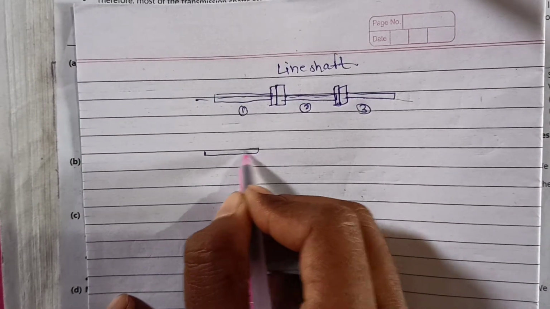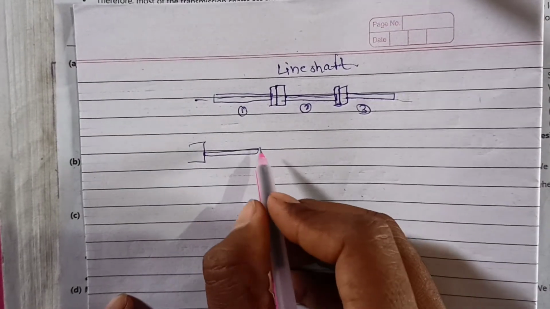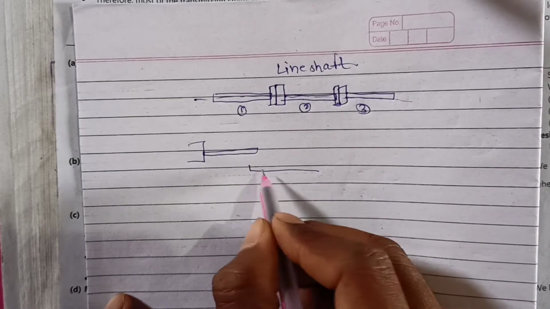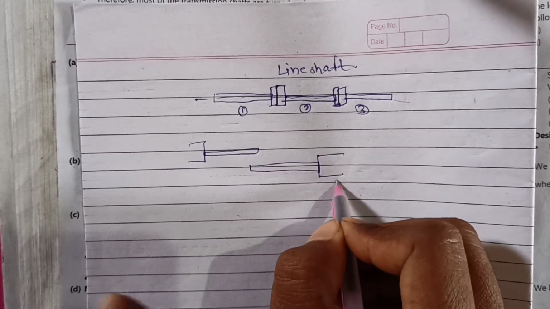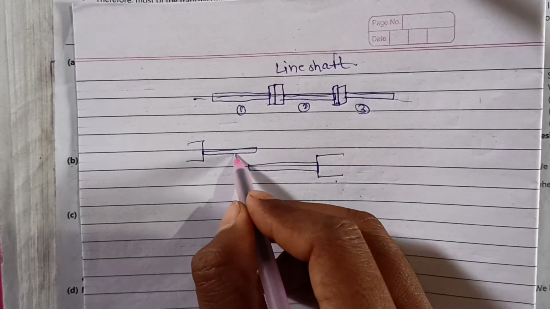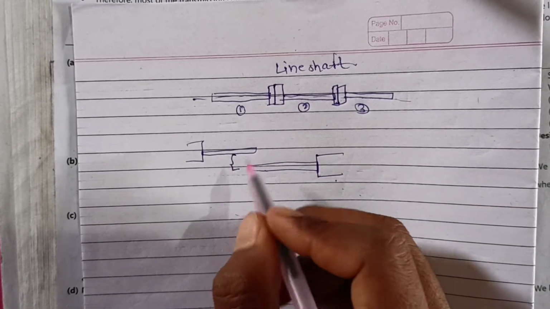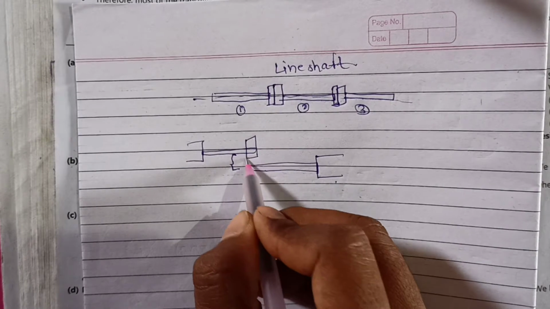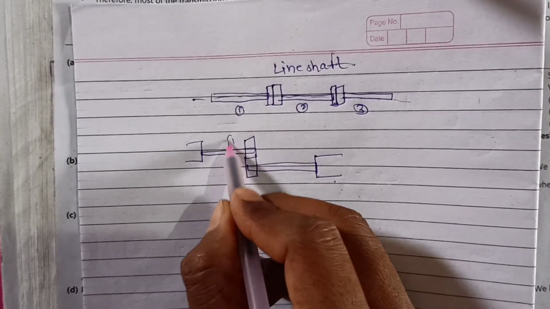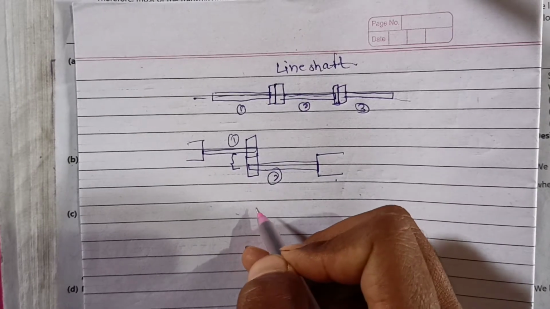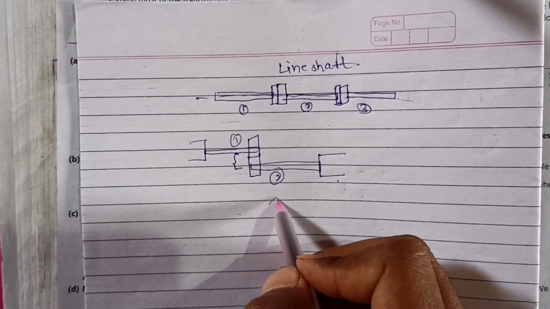This is the first shaft, it is connected to the machine. Then I want to transmit the motion from this shaft to another machine part, but there is a gap between them. So I use pulleys or gears, with the help of which I connect the first shaft to the second shaft. This is nothing but a counter shaft.